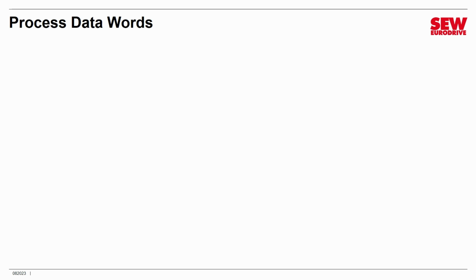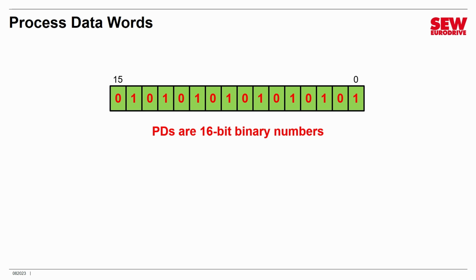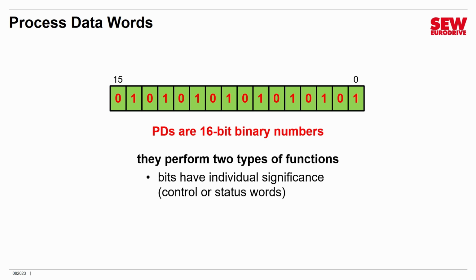All right, let's look at some of the details of processed data words so you understand them better. As I said, they are 16-bit binary numbers, so something like this. They have bits 0 through 15. Processed data words can perform one of 2 basic functions. Individual bits can have significance. In other words, they act like switches.